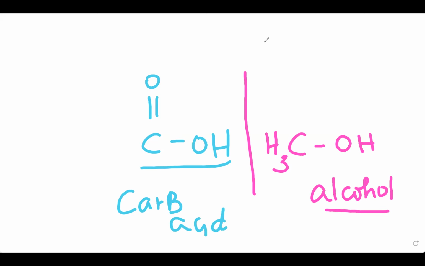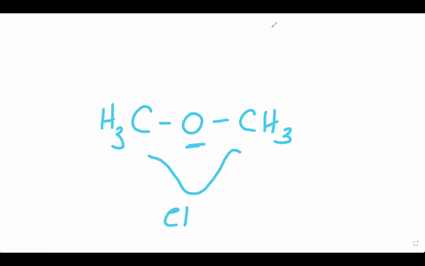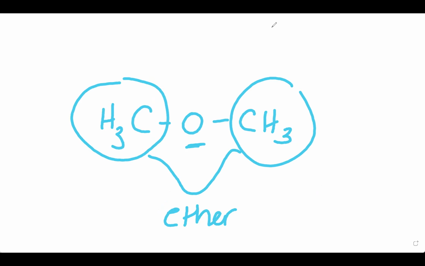Now we have a couple other different functional groups for you to know as well. You could see something like this: the C with an O in the middle and attached to another C. This would be called an ether. Now, this can also vary. These groups here don't have to be a CH3.